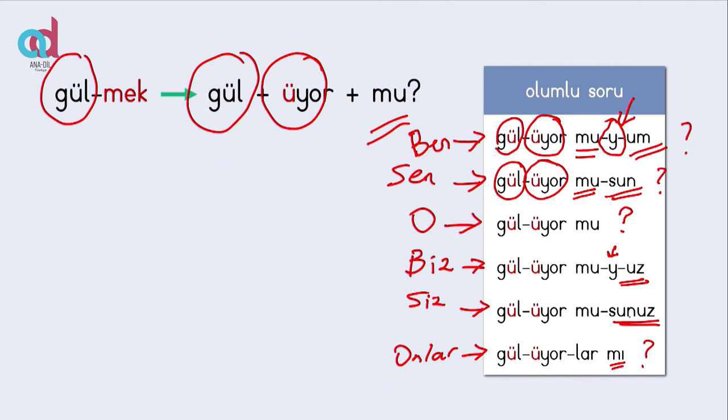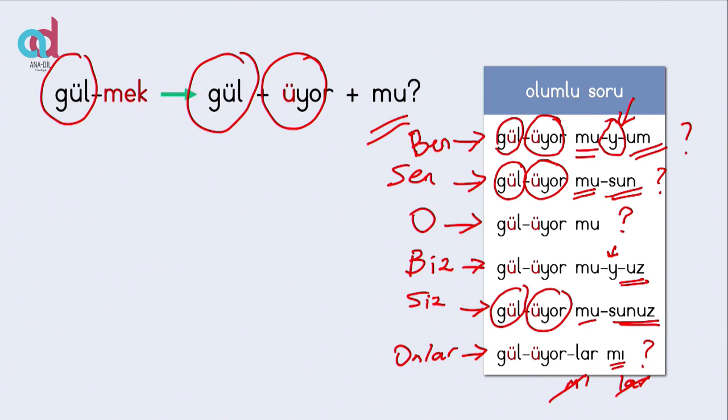I mean, normally with the other cases, we put the root first and then the şimdiki zaman suffix and then the question and then the personal suffix. Here, instead of gülüyor mılar, we say gülüyorlar mı? This is something you have to remember. Please do not ask me why. This is just a rule that you have to remember.